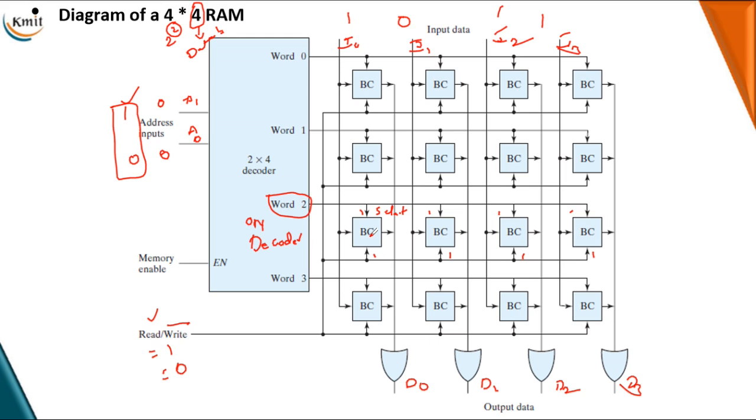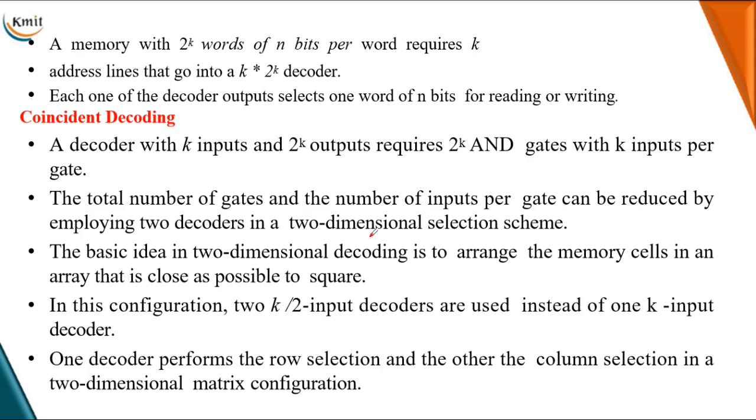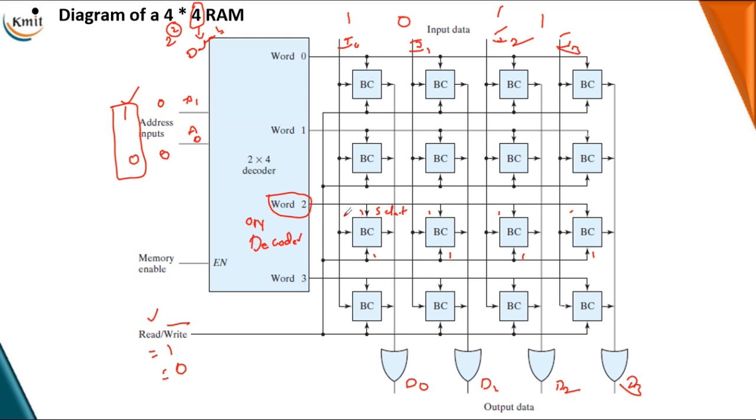In order to have this design using memory decoding, since the previous example is a 4x4 RAM, we only used a very low order decoder, a 2x4 decoder.